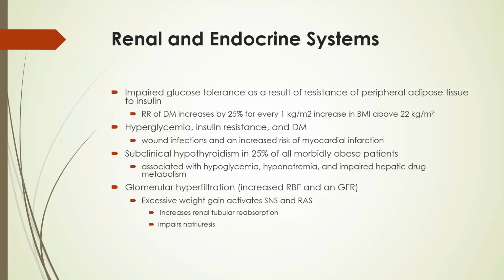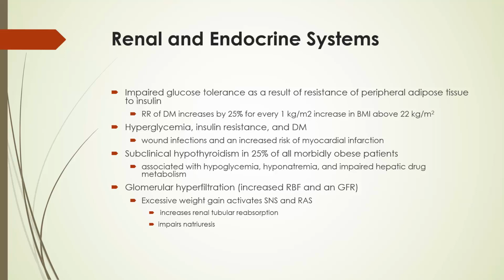Hyperglycemia, insulin resistance, and diabetes predispose obese patients to wound infection and increased risk of MI. Exogenous insulin may be required perioperatively, even in obese patients with type 2 diabetes, to oppose the catabolic response to surgery, so not necessarily just sugar.